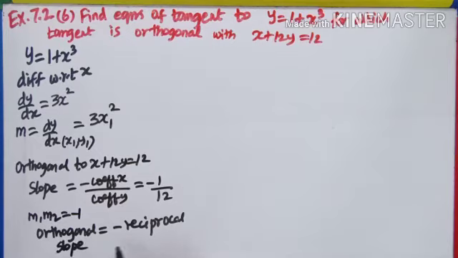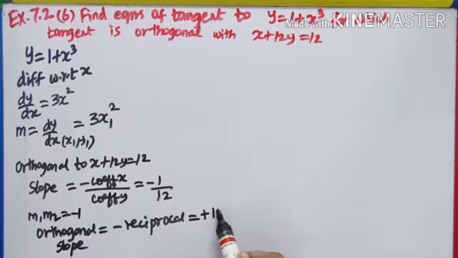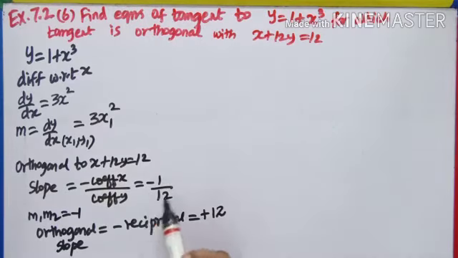So minus 1 by 12 is the slope. When I say minus reciprocal, I get the answer plus 12.